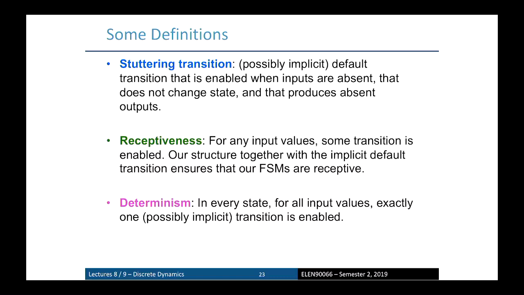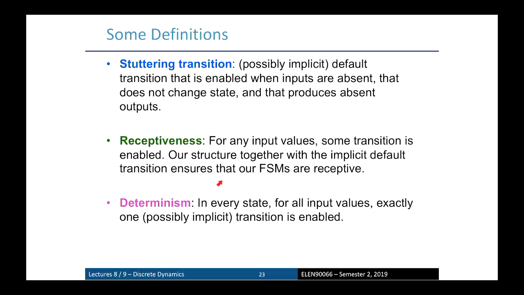Receptiveness means when in a particular state, you always have a way to exit the state. So all FSMs should be receptive, right? That some transition is enabled for any of the input values, including default transitions as well.